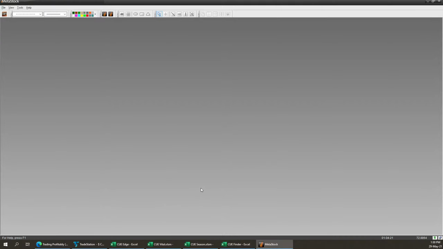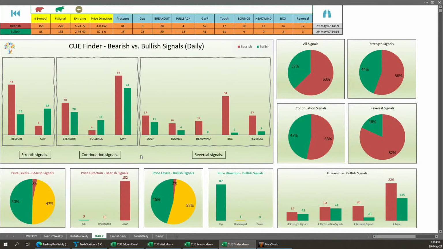Now, I am at the 1 hour point. Let me use 5 more minutes. A strong advantage, a big advantage of QFinder is that we can run it in real time using Metastock Zenith data for USA market, for global markets, and we can run it on thousands of stocks.